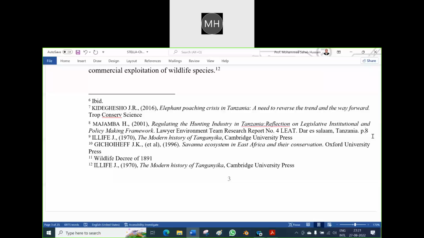If there is more pagination, small p, full stop, 8-20. What is PP? In case there are more pages.